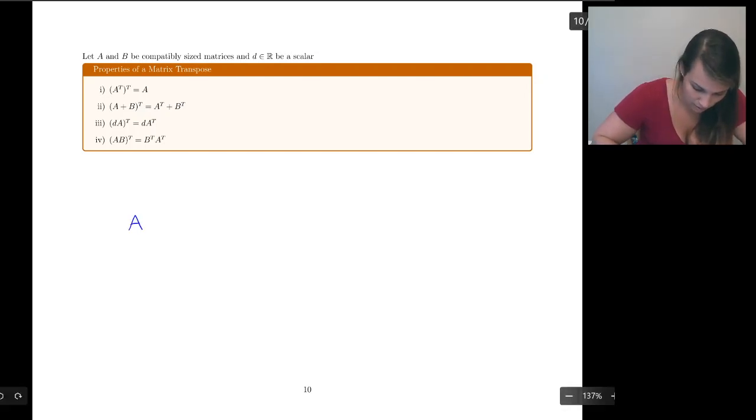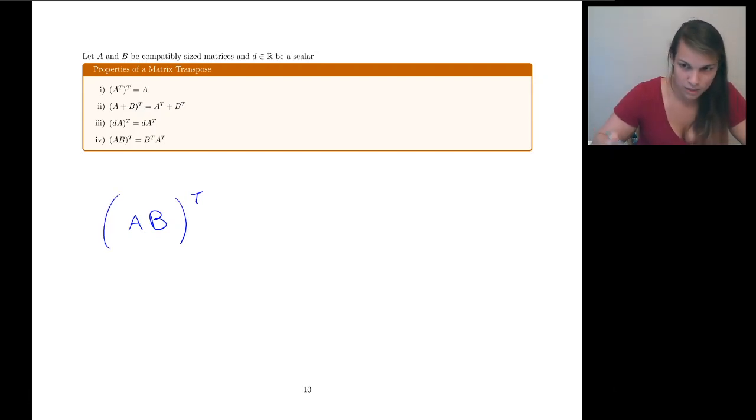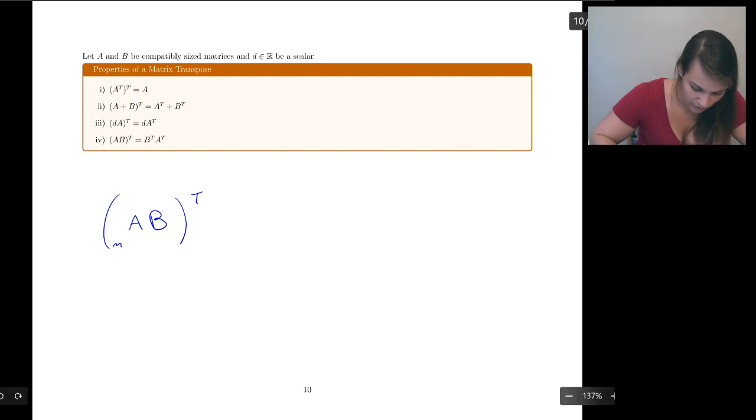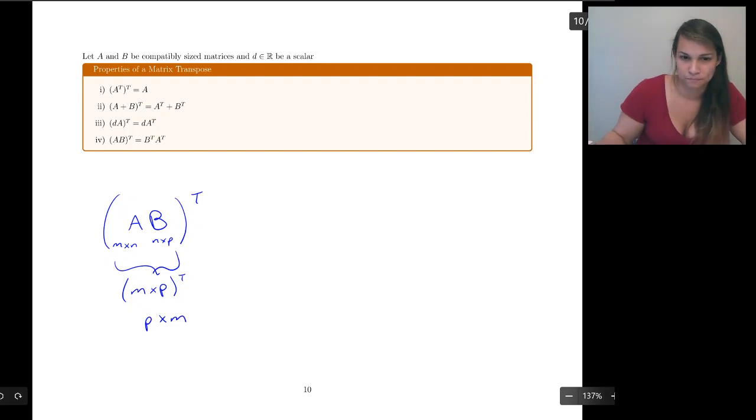But you're like, why did they switch places? So let's look at the dimensions again. So we've got an m by n, and an n by p. So overall, the product will be m by p, and its transpose is a p by m.